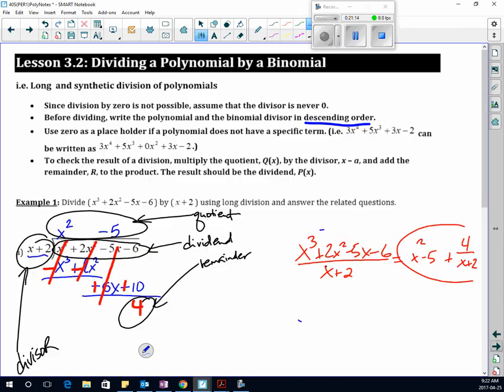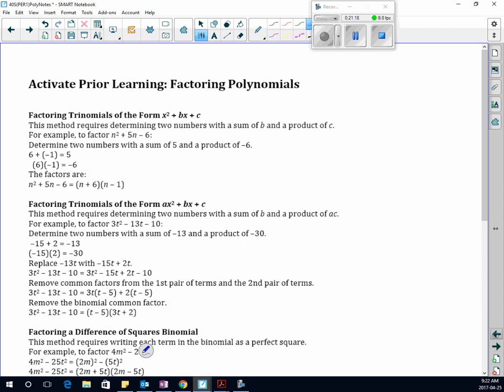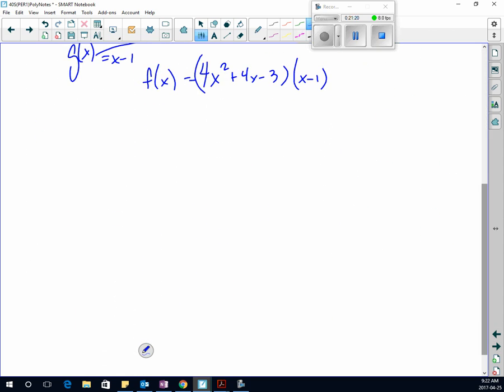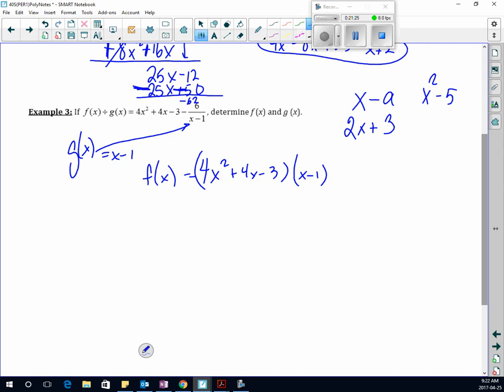Okay, so it's the same thing over here. When I multiply these two together, I'm going to get a number that is not quite what I need. So does everybody see I have that extra remainder there? I'll have to minus 6 to it at the end.